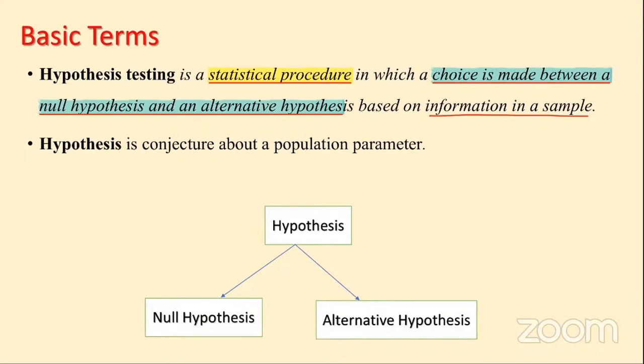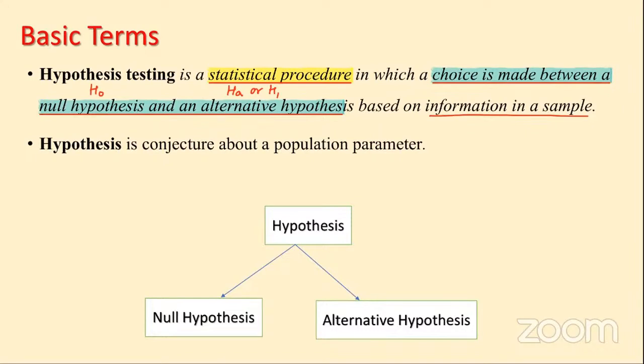We write the null hypothesis as H sub 0, or H sub O, however you want to say it. The alternative hypothesis is written as H sub A, or sometimes H sub 1.